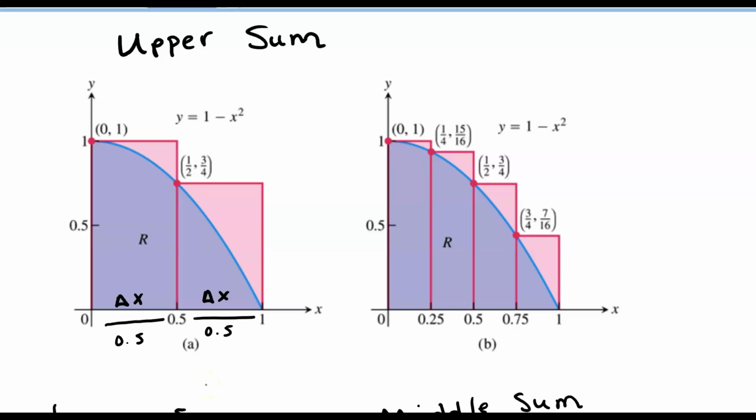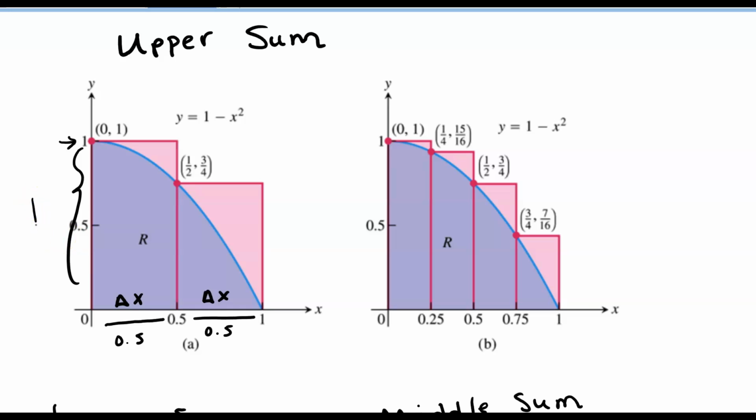The upper sum takes a look at that rectangle and uses the maximal height. The greatest location on this graph happens to be at 1 for that rectangle, so the height of this rectangle is 1 unit.